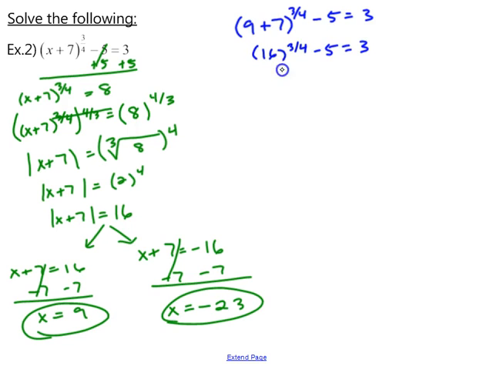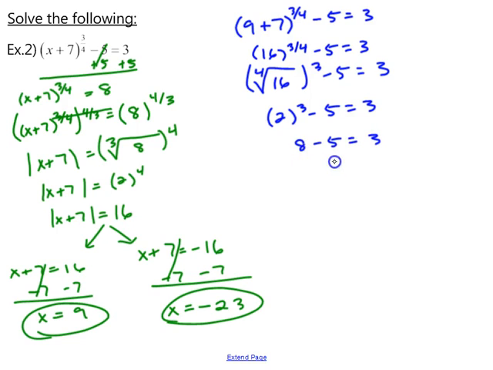And then let's convert this into radical notation. So we have the 4th root of 16 all cubed minus 5 equal to 3. The 4th root of 16 is 2. 2 cubed is 8. And 8 minus 5 is 3. So this solution checks out.